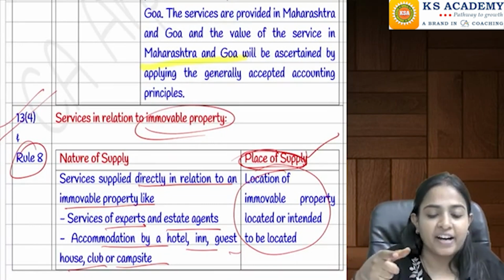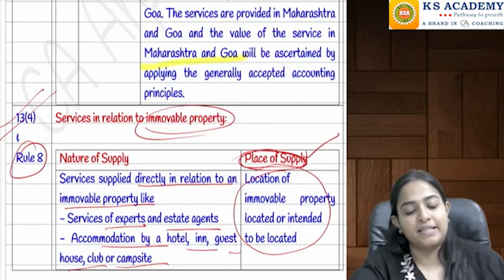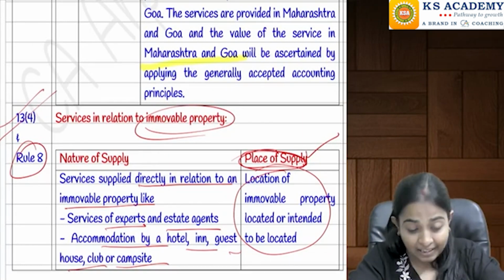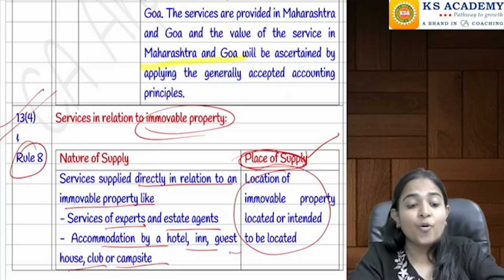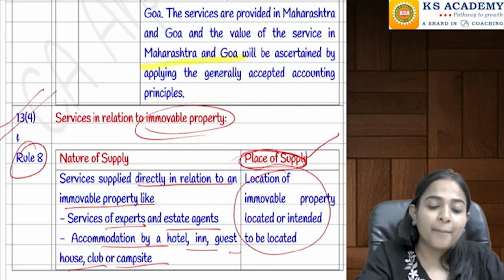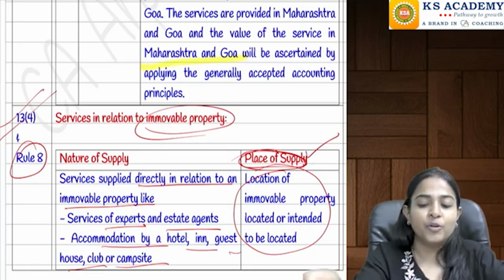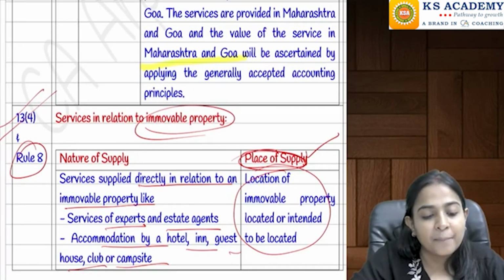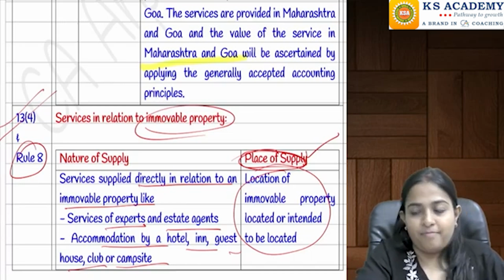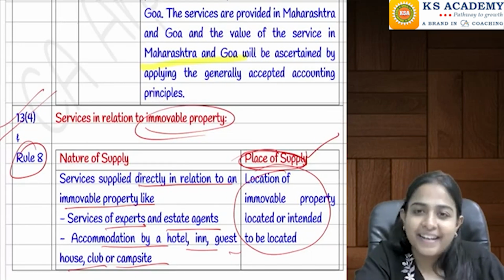If nothing is specified in your contract or agreement, then they are telling that please go and refer rule number 8. Do you recollect what is there in rule number 8? No, ma'am, we don't recollect. Why? Because rule number 8 is a new one.